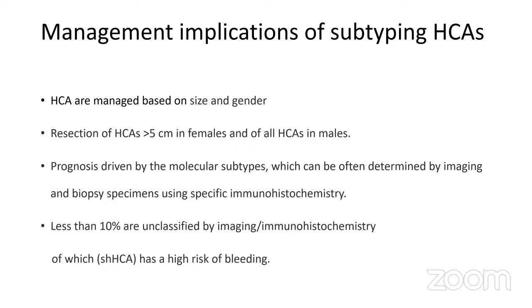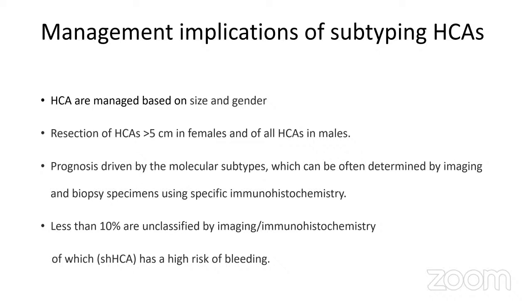So what are the management implications of subtyping adenomas? They are basically managed based on size and gender. By that I mean that all adenomas in males are considered atypical. Adenomas greater than 5 centimeters are often taken to resection. So basically resection of adenomas greater than 5 centimeters and of all adenomas in males.